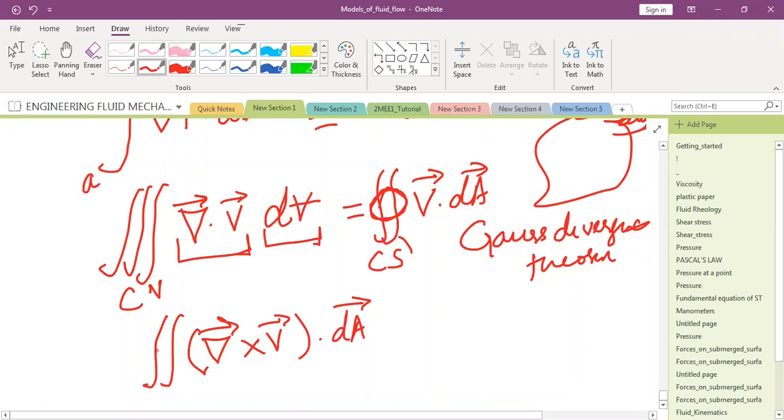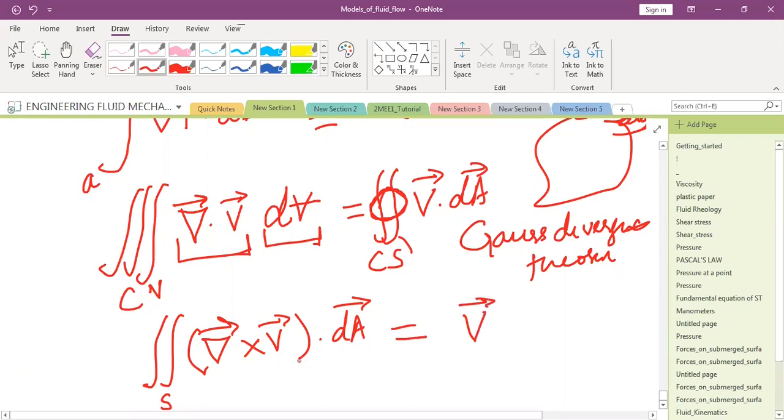A plain sheet of paper is a surface, it is not a closed surface. So the fundamental theorem of curls or Stokes theorem is applicable to plane surfaces, not closed surfaces. So the surface integral of a derivative, here the derivative is curl, over some region in space, the surface, is equal to the value of the function. Now what is the function here?